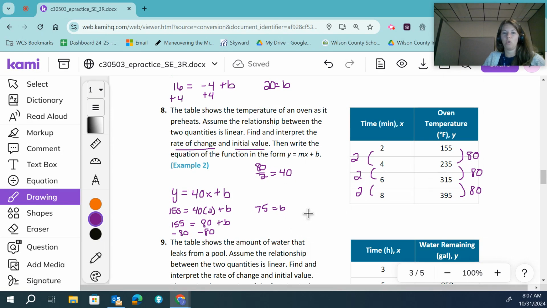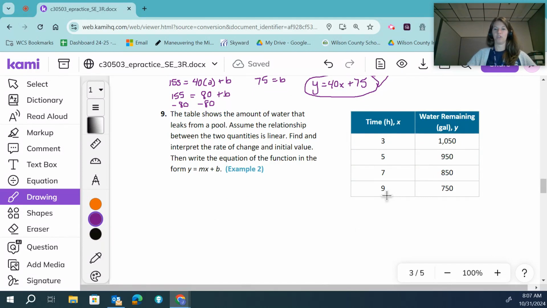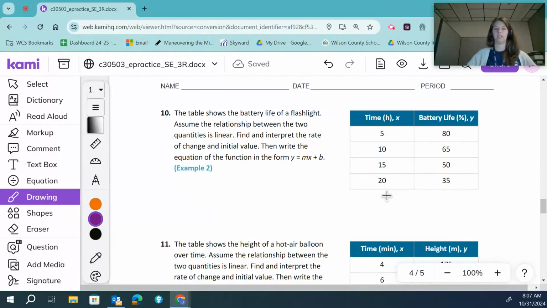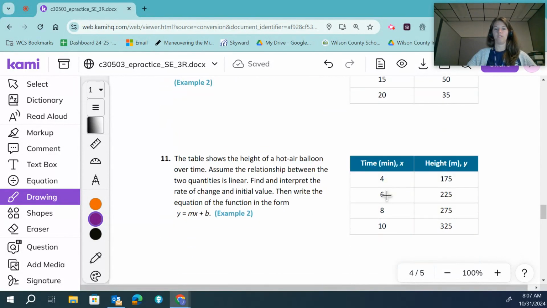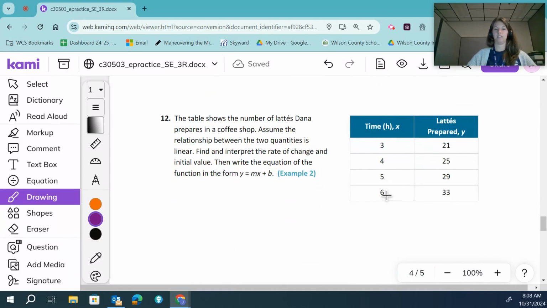So the equation for my function would be y equals 40x plus 75. And again, I can check that with another point and see that that is correct. Here is another one for you to try on your own, and a couple more if you would like some others.